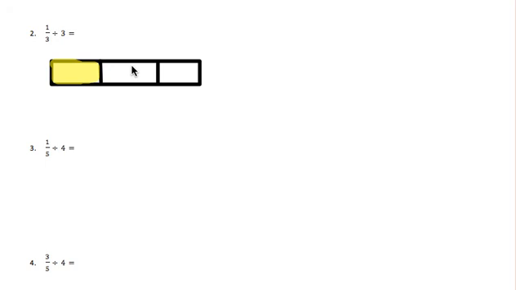So I've drawn the fraction bar and I've made it into thirds. That's how we can represent 1/3, shaded 1/3 of that fraction bar. And now we are going to divide each piece by 3.